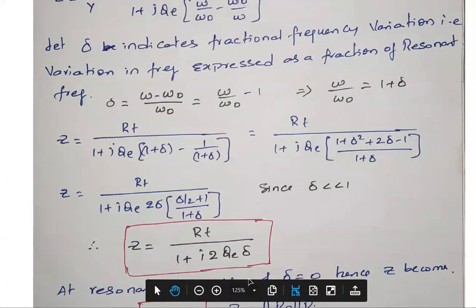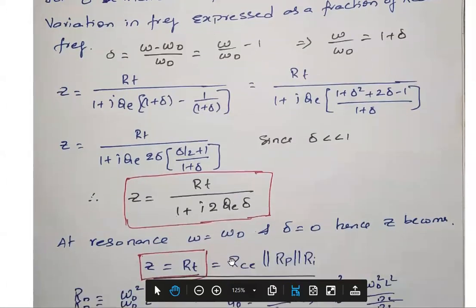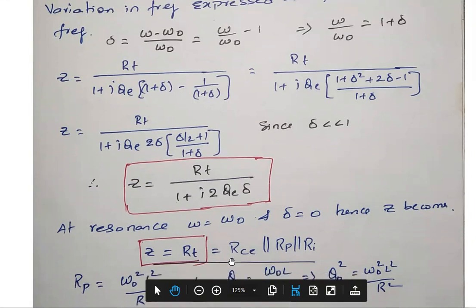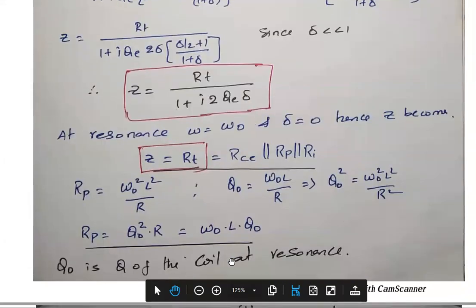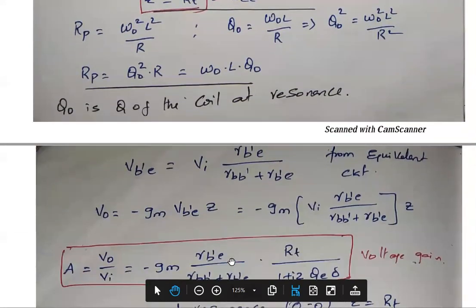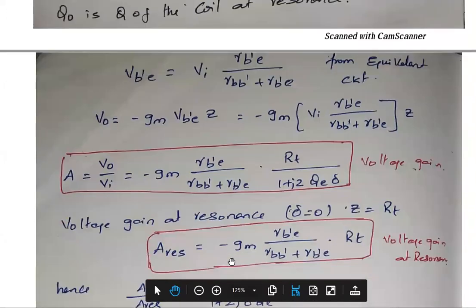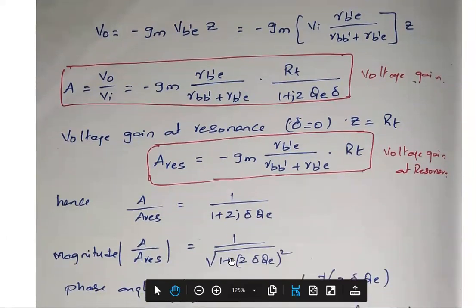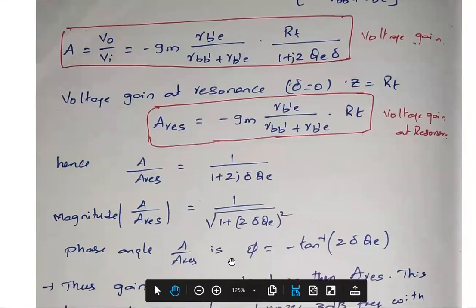The impedance at resonance with respect to the quality factor, and similarly impedance under resonance. Okay, what are the values of RP and RL, and voltage gain A and voltage gain at resonance. This relation, you have to remember this relation.